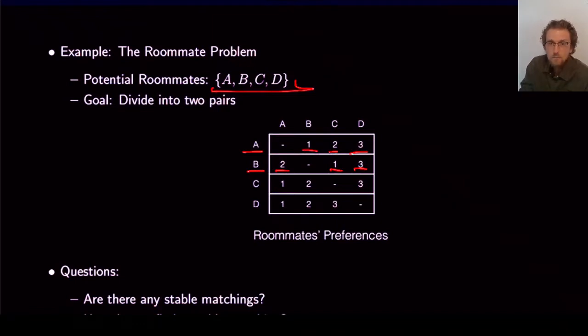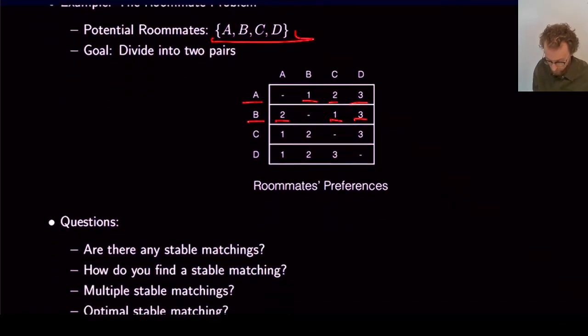So there can be unsatisfied people in a stable matching, but there can't be any unsatisfied pairs. There's no way that two people who are matched with someone else would prefer to be with each other in a stable matching.